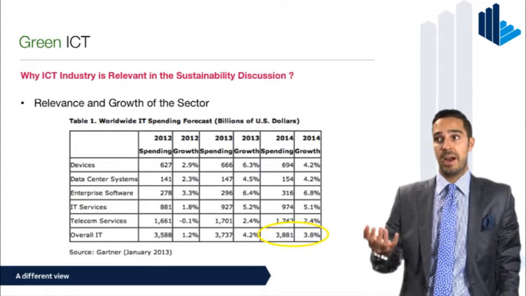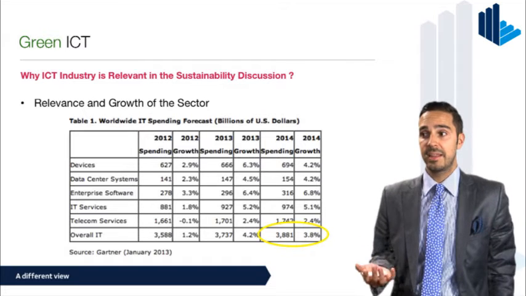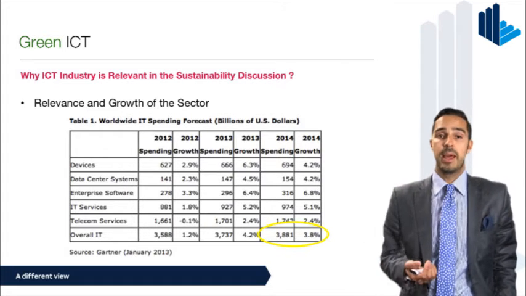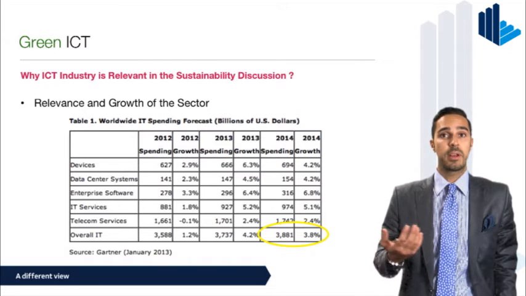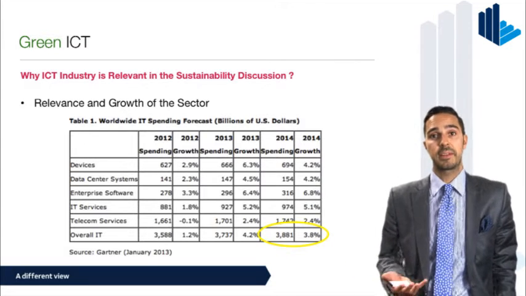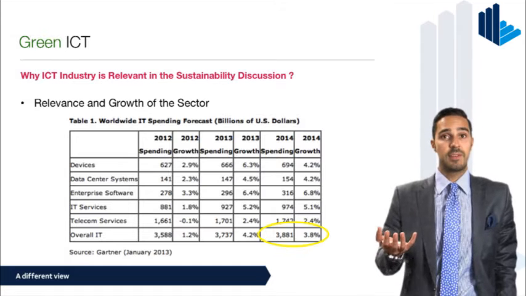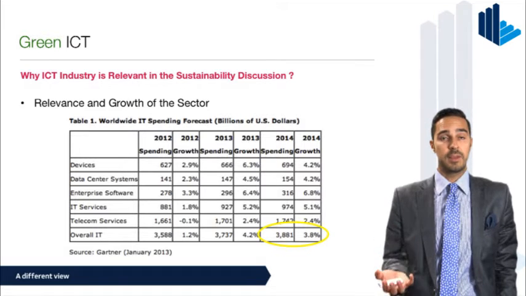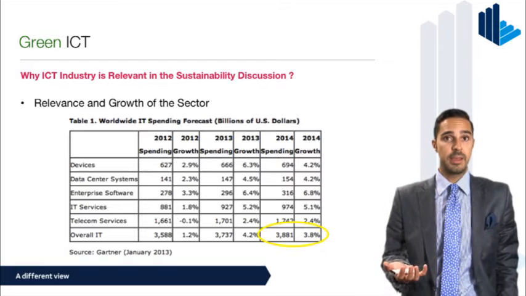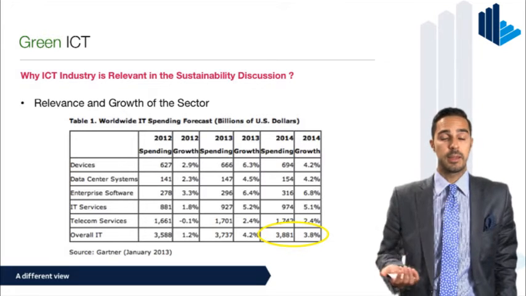If you analyze recent data, you can see that IT overall has shown an average growth of about 4% every year.